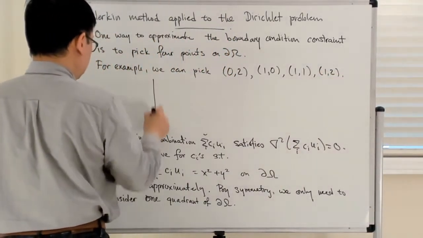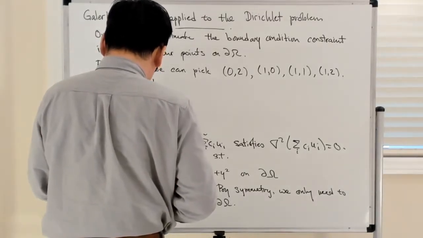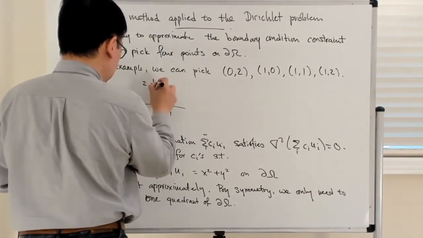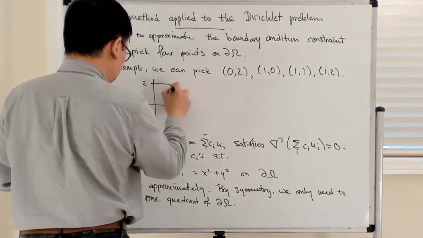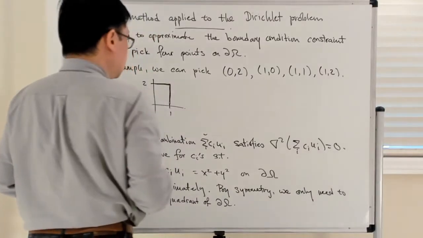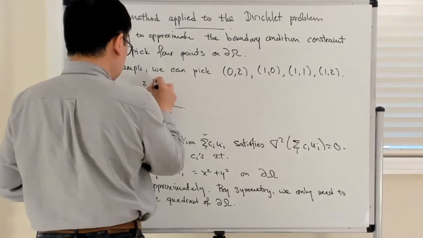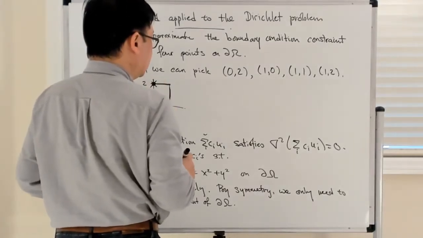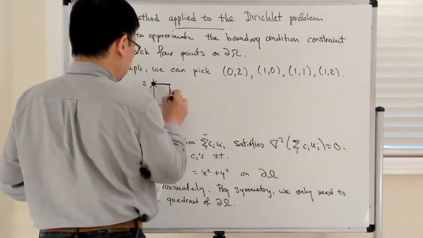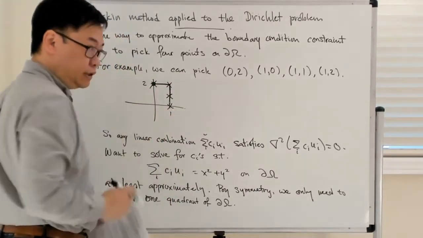Okay, so let's look at what's happening here. The condition is that x is 1, y is 2, so you have this piece of the boundary. 0, 2 is this point, maybe let's put a cross there. 1, 0 is this point, 1, 1 is this point, and 1, 2 is this point. So we're picking these 4 points on the boundary.